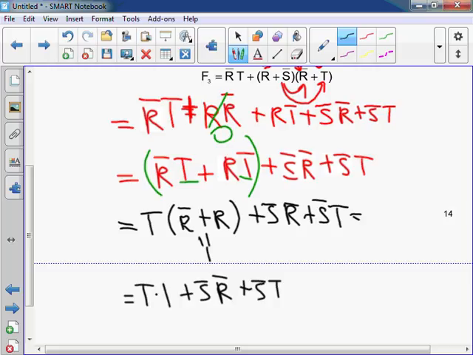Is there anything else I can use here? And this is where you want to use your imagination, because the answer is, of course, yes. Let's take a look at these two terms. What if I group those two together? What would I get?